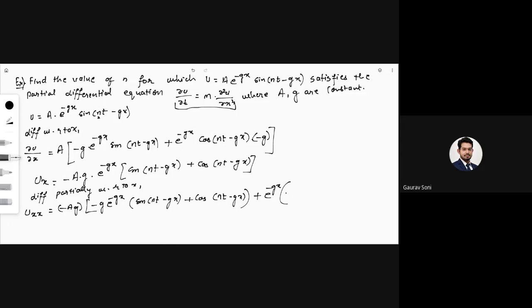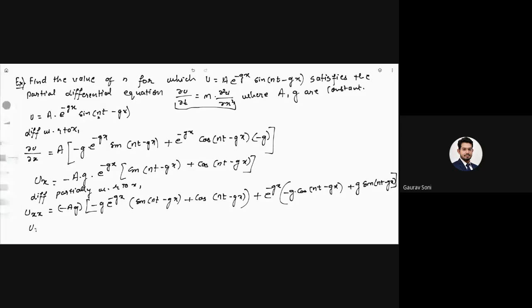By chain rule, minus g will be there, minus g cos of nt minus gx. And in the second one, this will become minus sine, plus g sine nt minus gx.